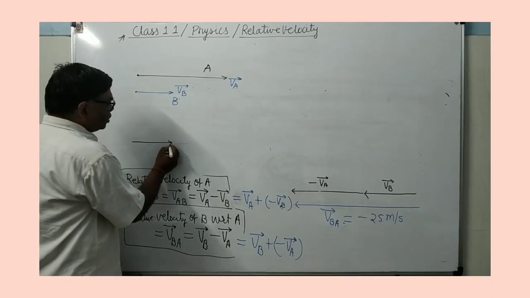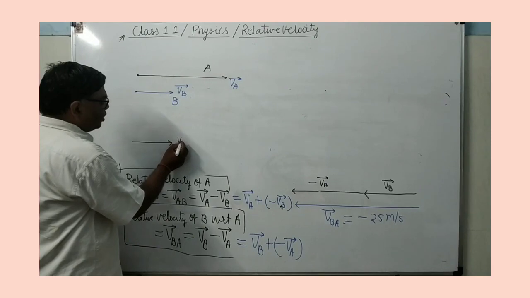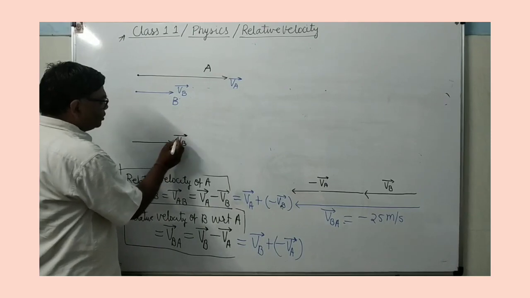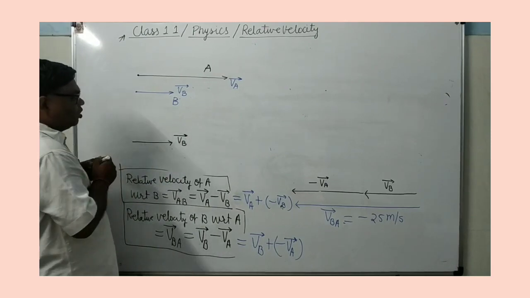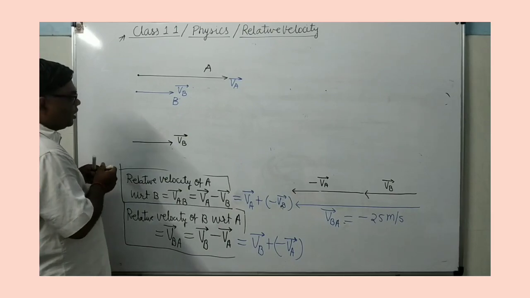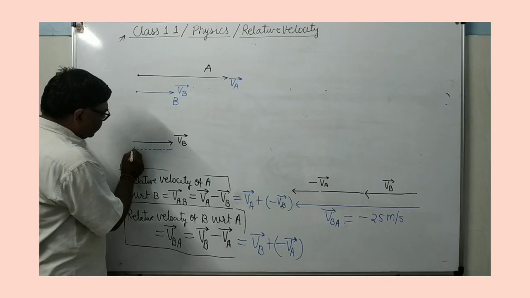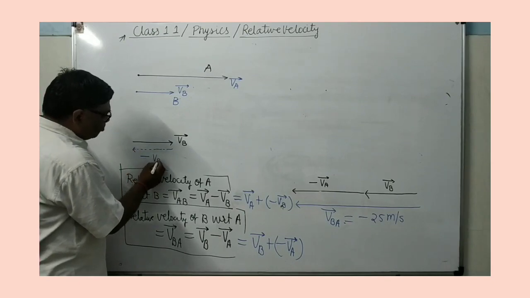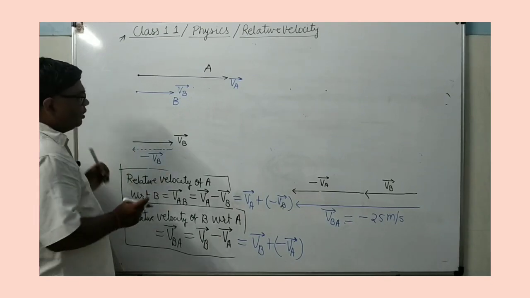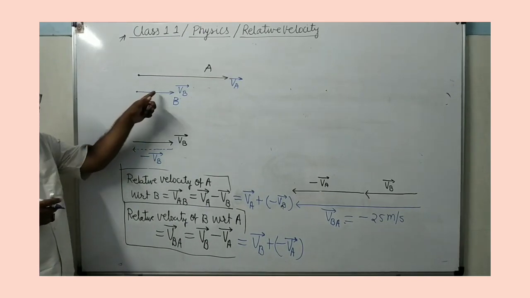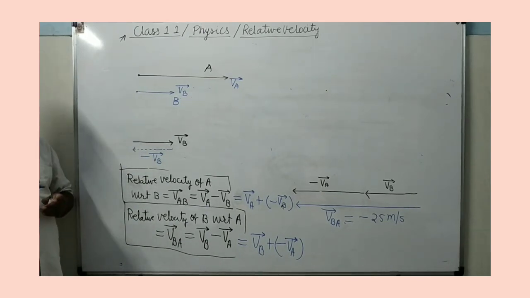By imposing the same velocity vector in the opposite direction means you impose negative velocity vector minus vector VB. When you will add minus vector VB with this, its velocity will become 0.